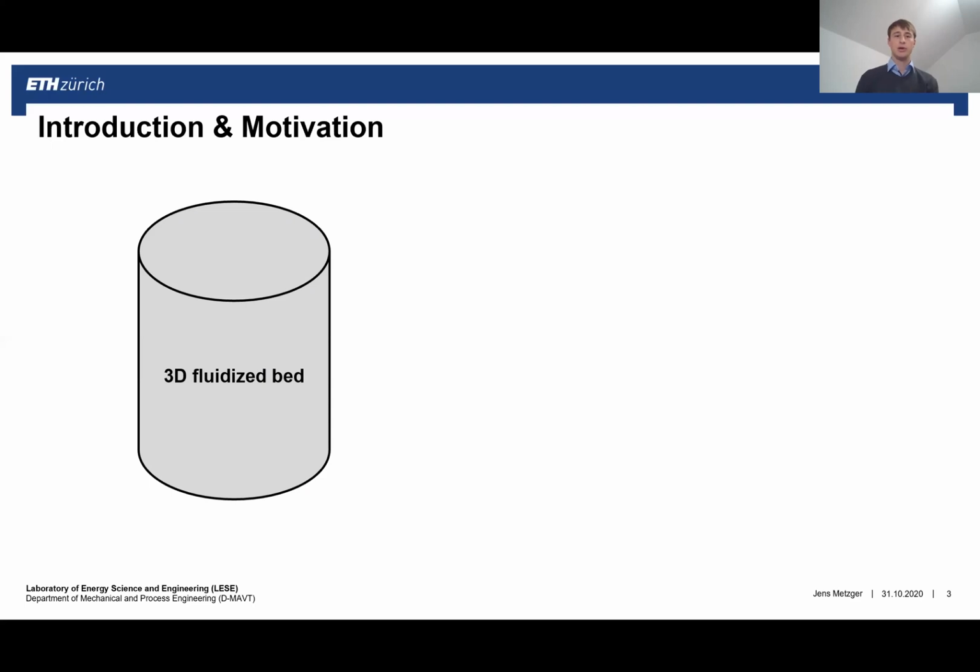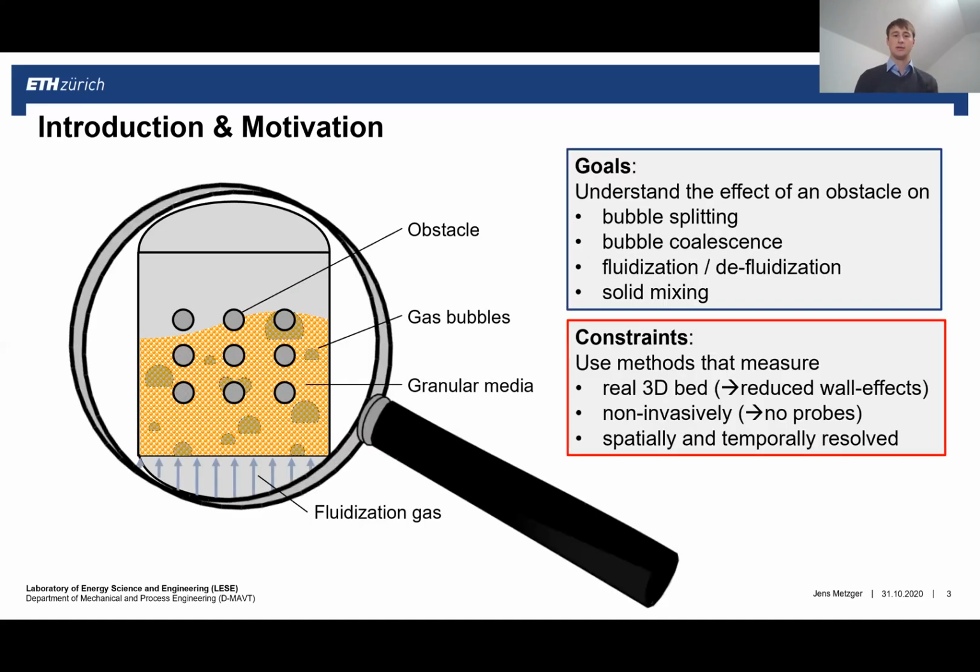If we really want to acquire information on 3D systems, we need to have insight into that system. So we need to perform measurements that really give us a look inside of the fluidized bed reactor.